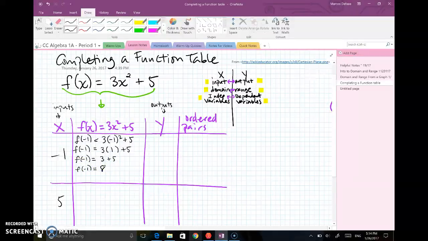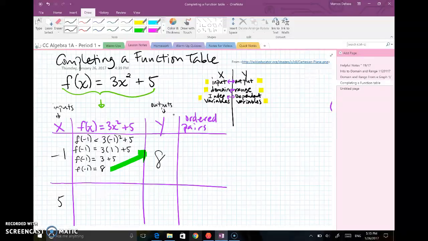And what this means is that when I use this -1 as an input number with this function, my result is an 8. Okay, so that 8 now goes all the way in there. And the reason is because my y's represent my outputs. My outputs are what the function puts out after working with the input, the numbers that I put in.